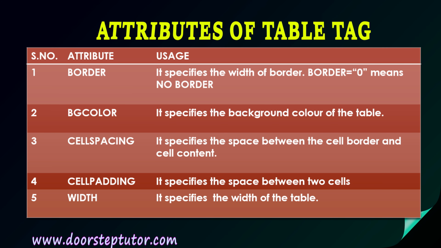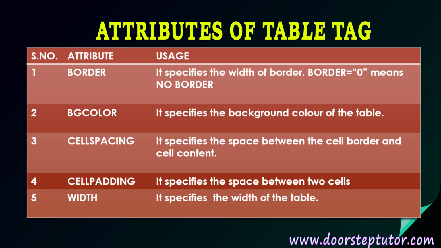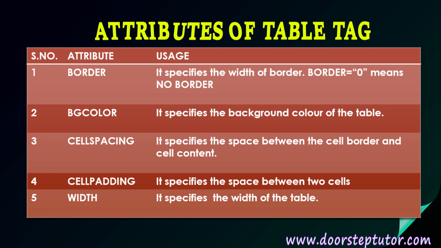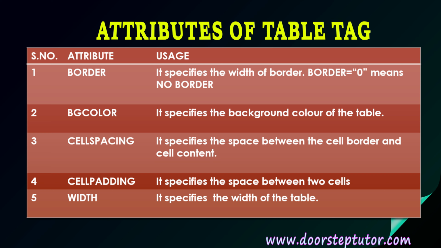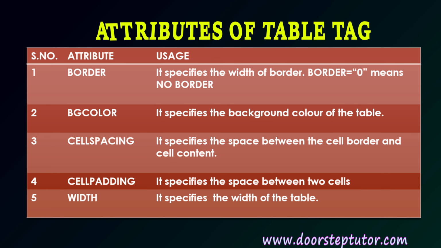In case of cellpadding, we give the space between the cell border and the content present in the cell. But in case of cellspacing, it is the space between two different cells. We must understand that there is an exact difference between both. Then we have width. We can specify the width for the table as per our need.